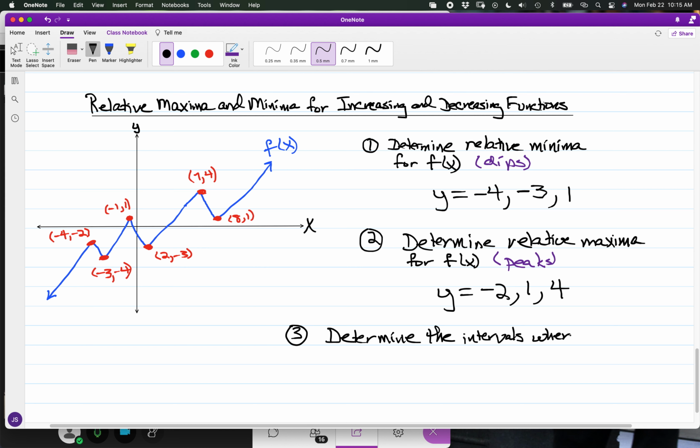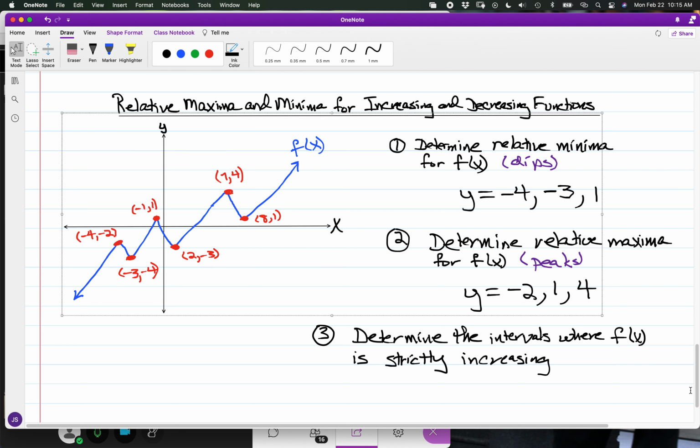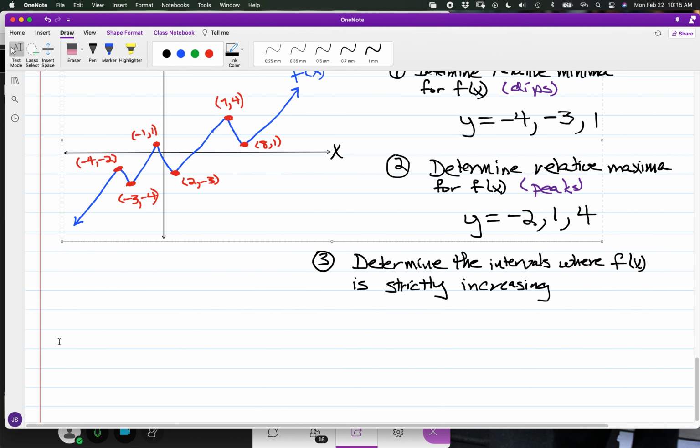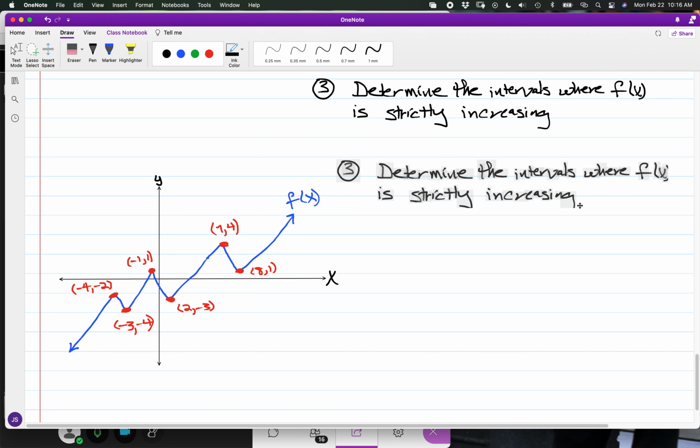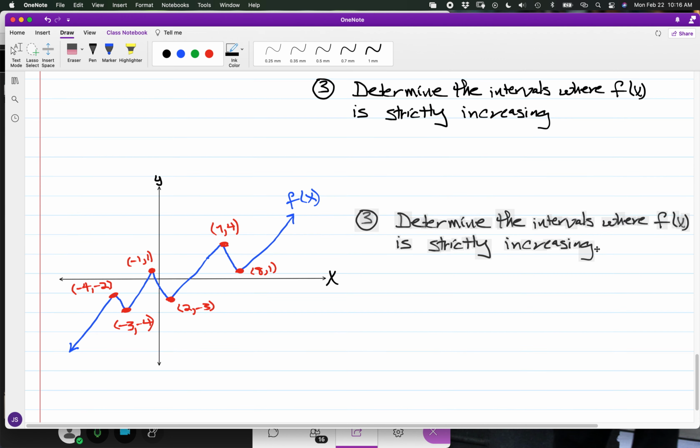Now what I'm going to do here is just duplicate this graph.